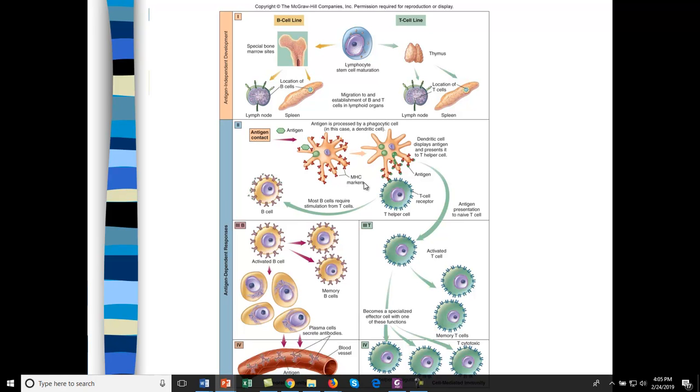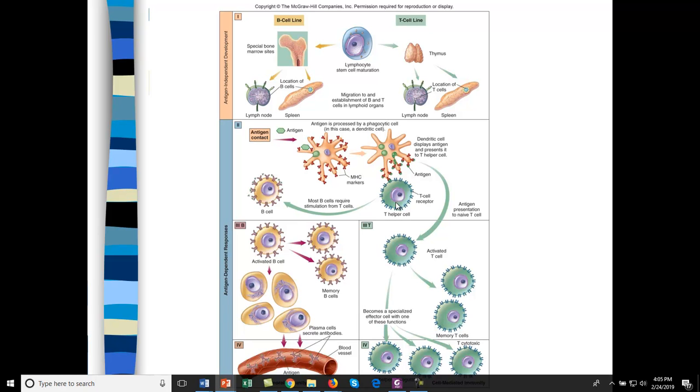MHC stands for major histocompatibility complex. Each one of these dendritic cells or phagocytic cells will ingest the antigen, and then portions of the antigen are displayed on the MHC marker molecules. So the MHC markers are these red Ys, and the little green dot on top of the red Y is the displayed antigen. Okay?